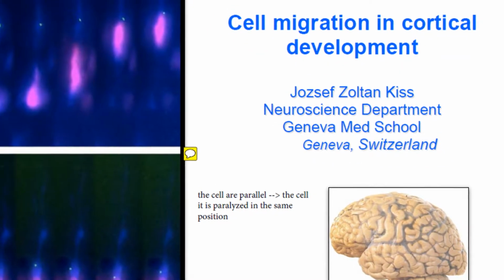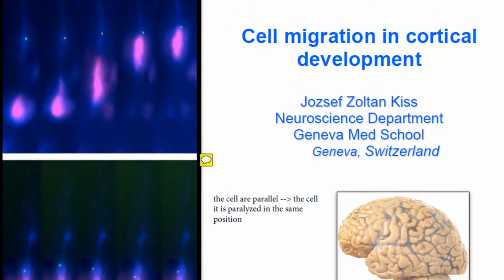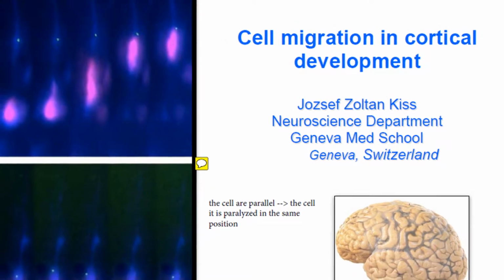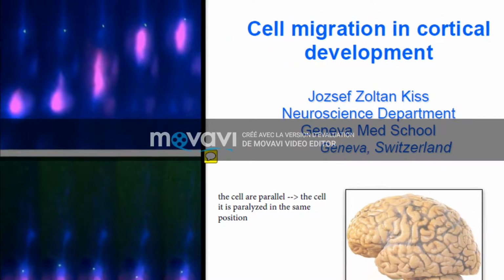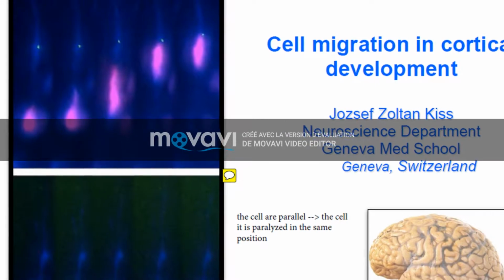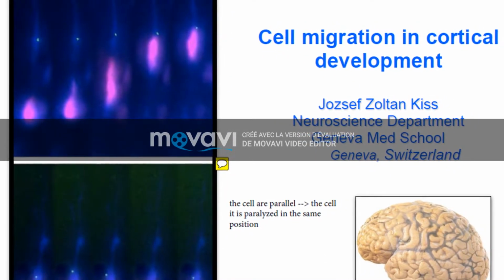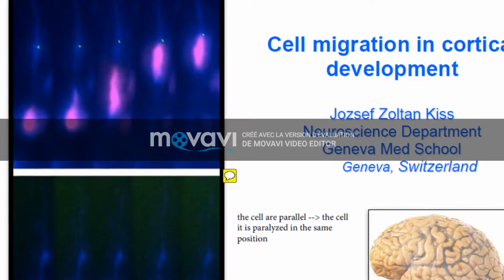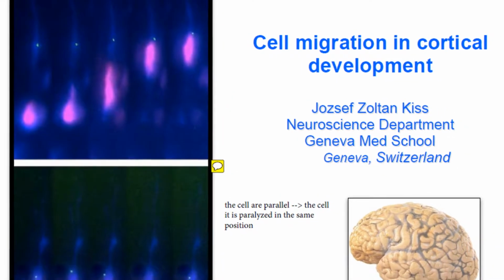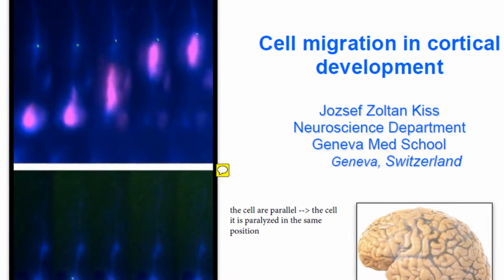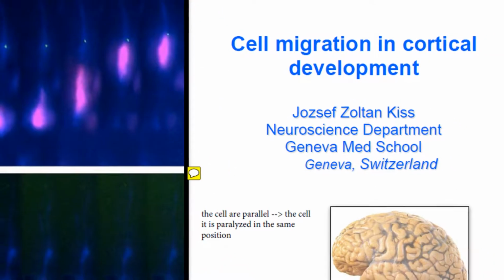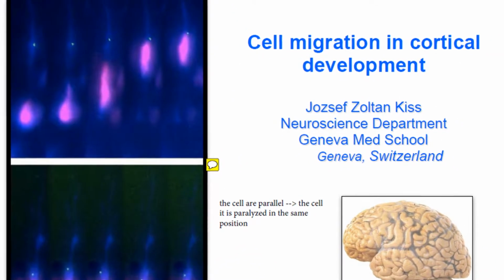Now this is a scanning electron microscopic picture of this extraordinary proliferation phase. In the ventricular zone, you see these progenitors and stem cells producing new neurons, as I told you, 250,000 every minute. What is important to realize is that we are exterior to the future cortex.